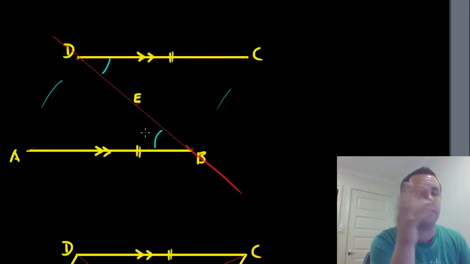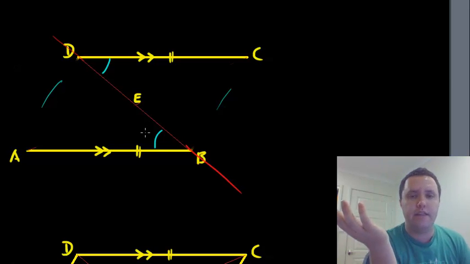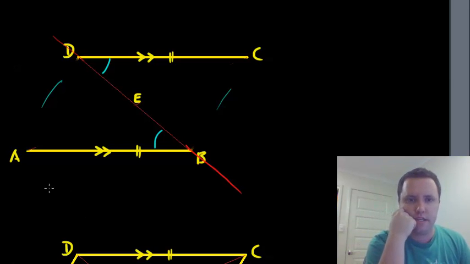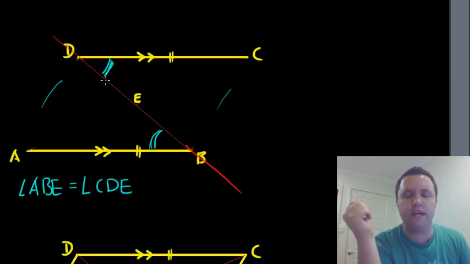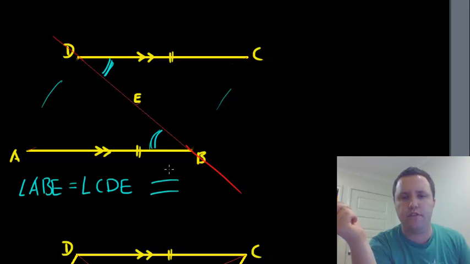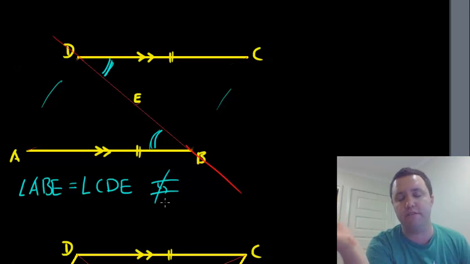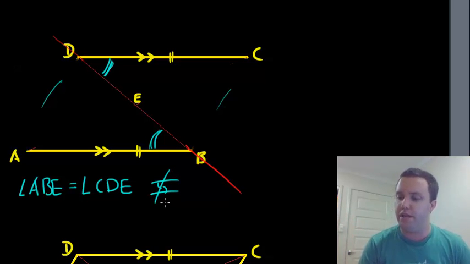So we can say categorically, without a doubt, that angle ABE is equal to angle CDE. So this angle here is equal to this angle here, and that is because of the alternate angles across a transversal and parallel lines rule.